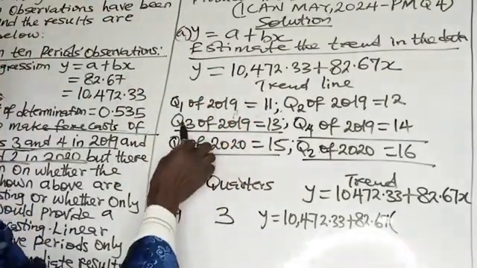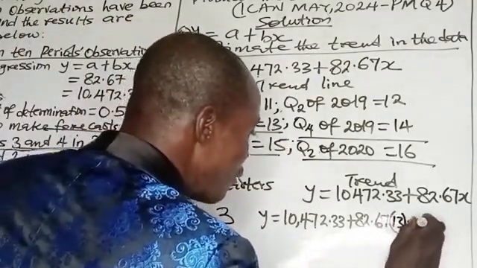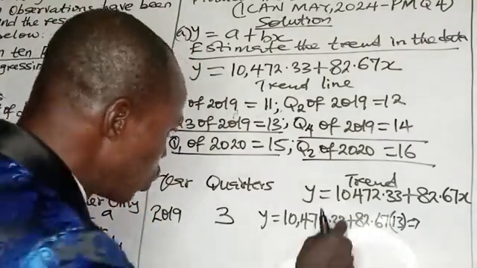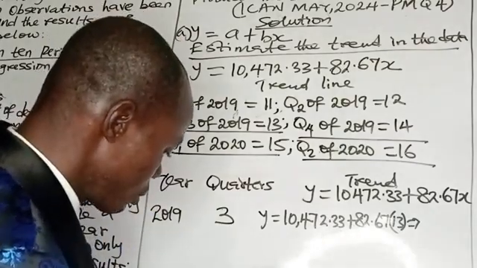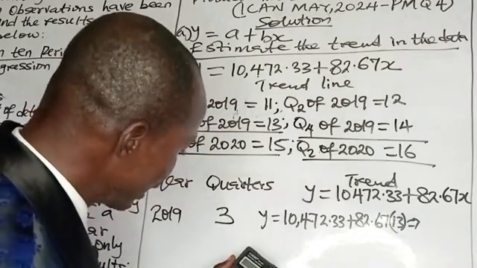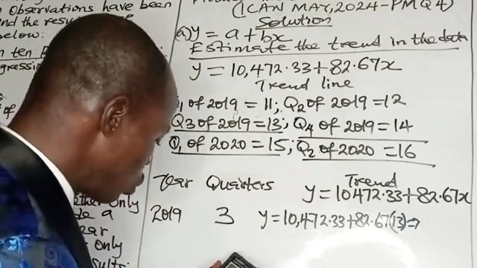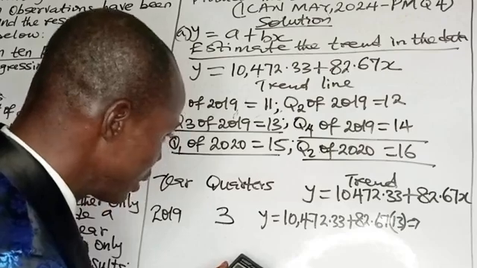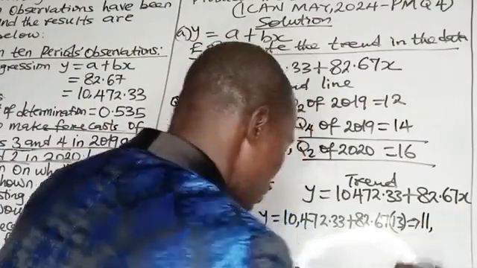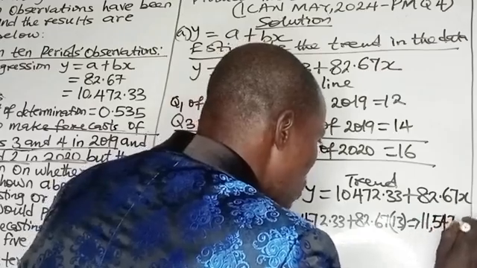For quarter 3 of 2019, the value of x is 13, so we multiply 82.67 by 13. We have 1,074.71 plus 10,472.33, which gives 11,547.04.